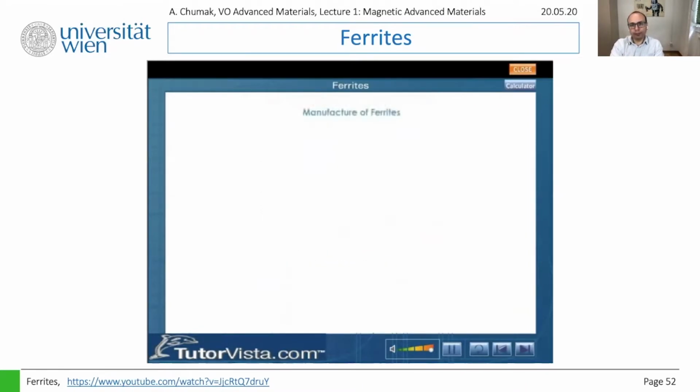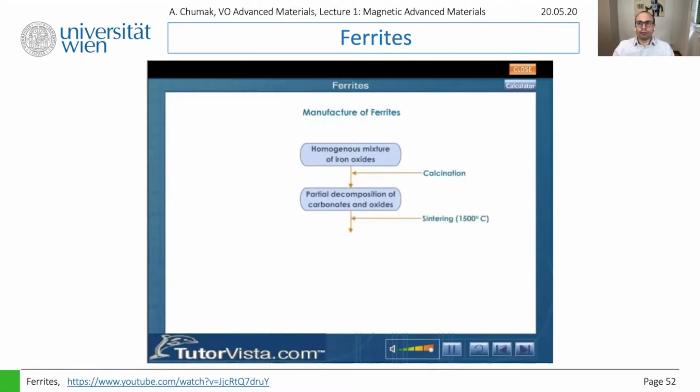Ferrites are manufactured by homogeneously mixing various iron oxides and then calcinating the mixture. This causes the partial decomposition of the carbonates and oxides. This mixture is then sintered. This is done by gradually raising the temperature to 1500 degrees centigrade in a kiln.